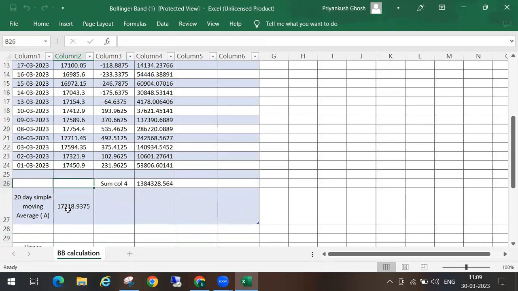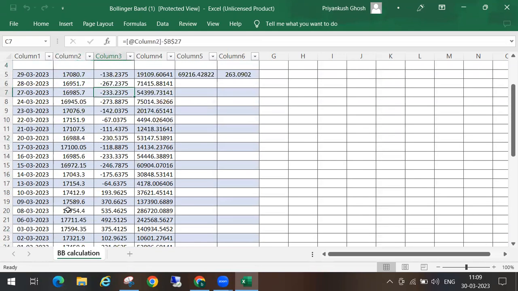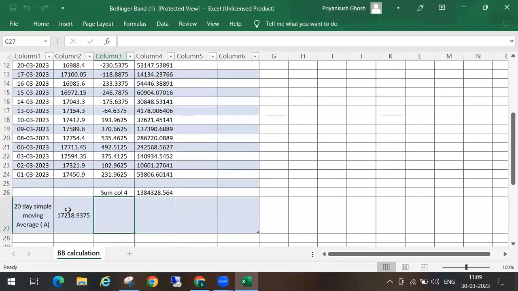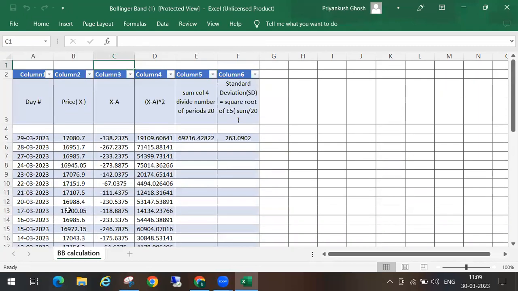So like this it goes on for 20 days. So X minus A is clear. So that is the price minus the last 20 days average price. Okay. Then column 4, X minus A whole square. So here simple, this is my formula. C5 to the power 2. So last column 4, column 3 whole square. Column C whole square. Right.